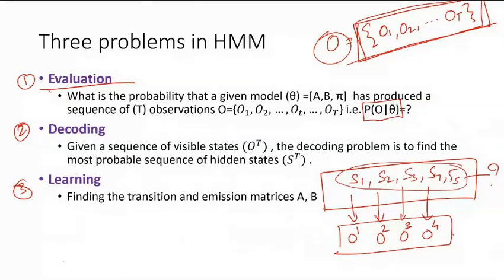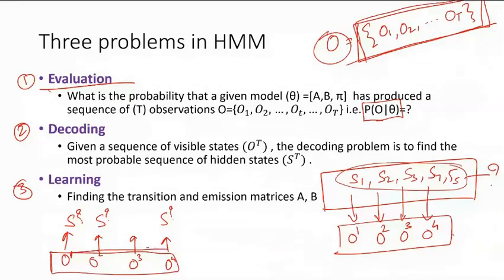So predicting, when the machine emitted symbol 1, what was the state at that time? Then the machine emitted symbol 2, what was the state at that time? So we want to find out like this. Given this set of observed symbols, what is the best possible, or the most probable, sequence of hidden states?